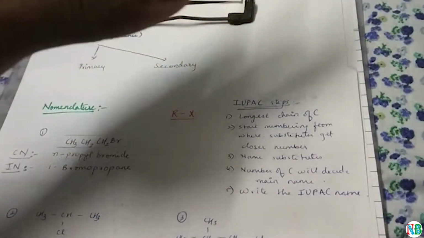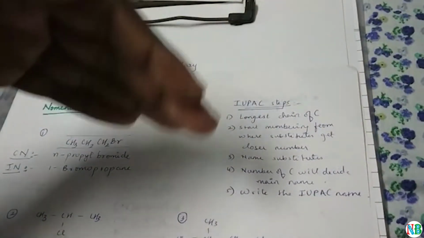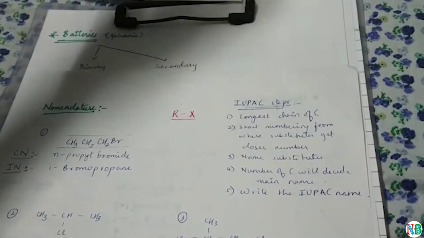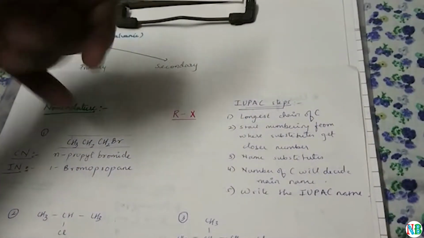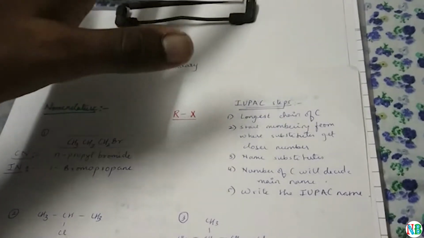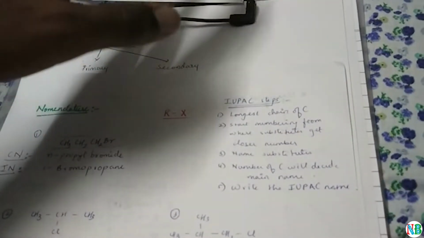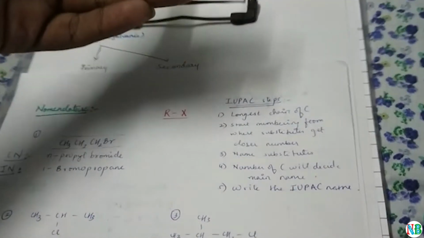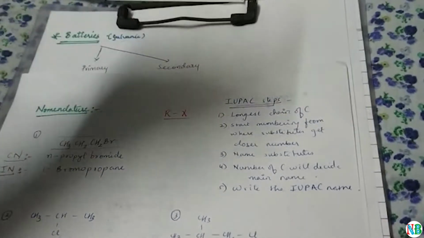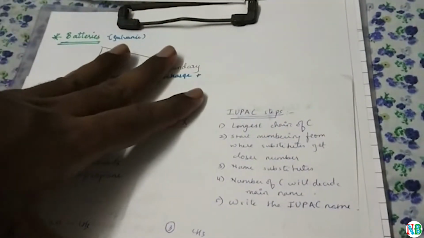It's just a common name that we give to the compounds, like propyl bromide, or isopropyl chloride, something like that. So all these are common names. But IUPAC names are a well-defined set of names by the IUPAC committee. These names have steps to follow, and once you follow those steps, you can write the name on your own. So what are these steps?